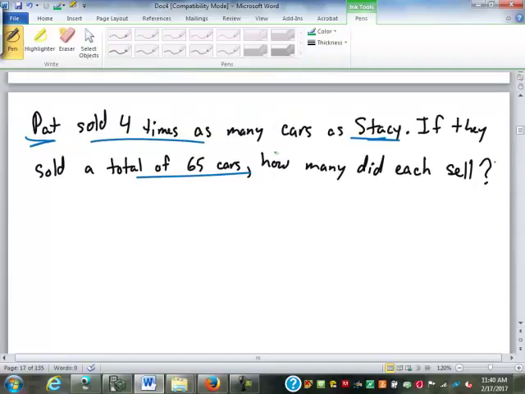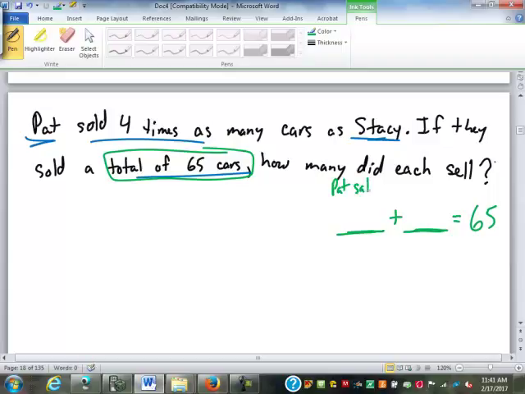So in this problem, we have 2 things that are going to add up to a total. That total is 65. We just need to figure out how to express those 2 things. We know the first thing is Pat's sales, and the second thing is Stacy's sales. We have to figure out how to put them into symbols.